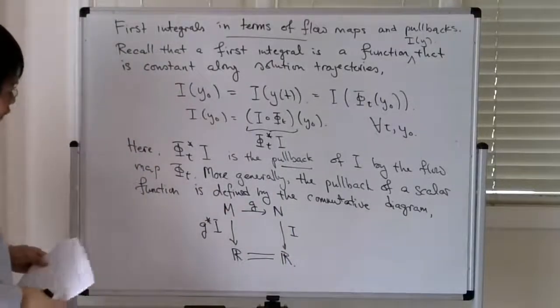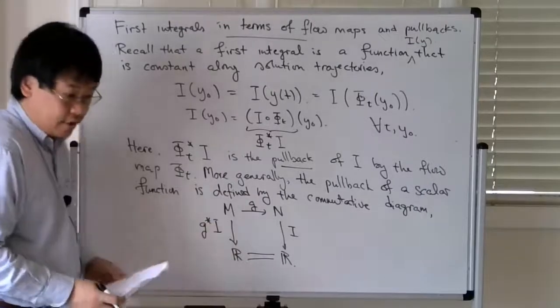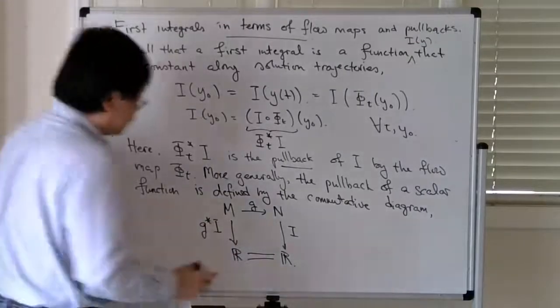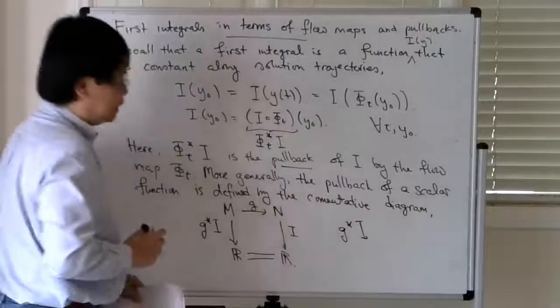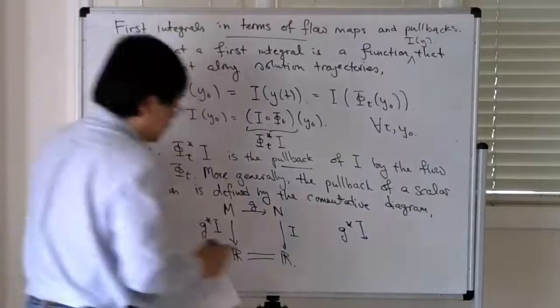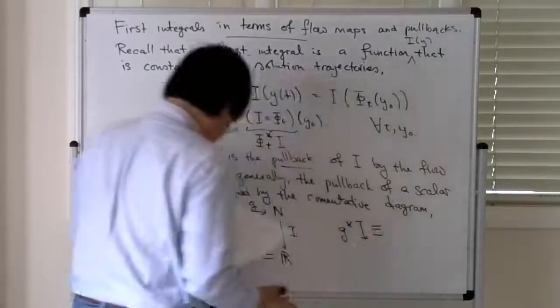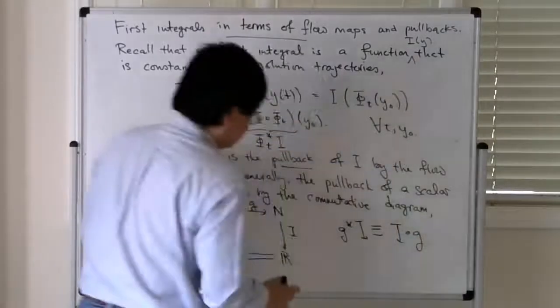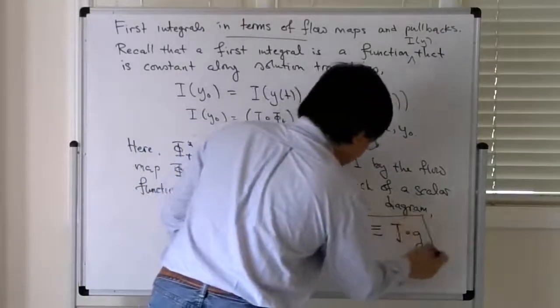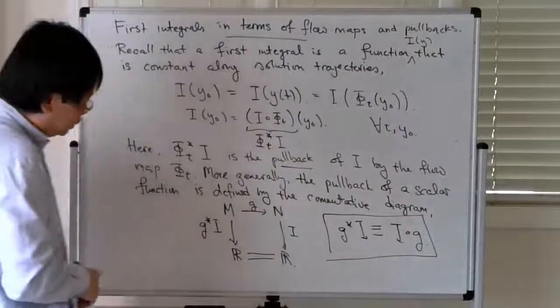And it's easy to convince yourself that for this diagram to commute, what has to happen is that G star I, the pullback of I by the map G, is defined to be nothing more than the composition of I with G. Okay, so this is the pullback of a scalar valued function.